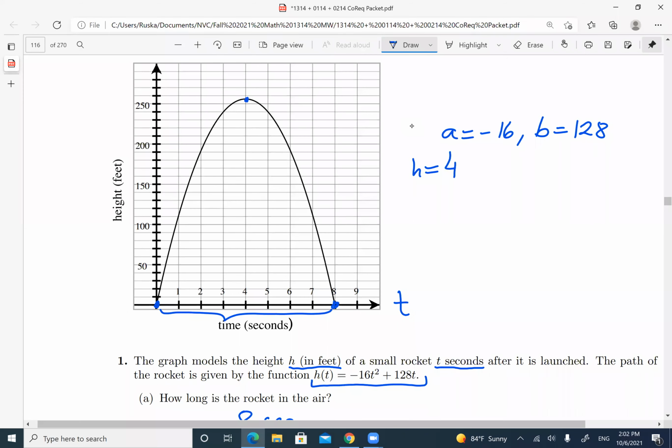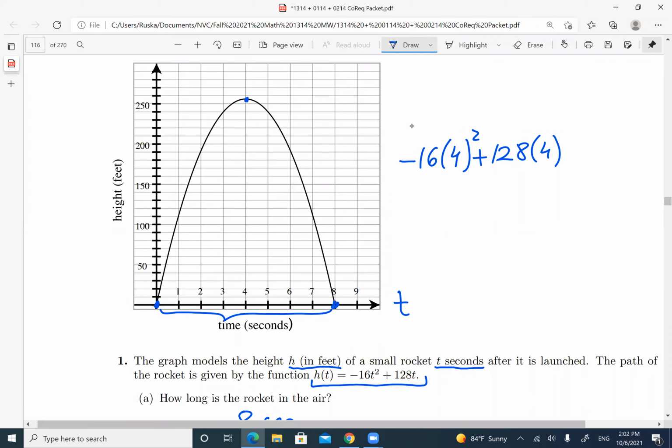And then when I replace, actually, I don't need to use a and b. It's obviously from the graph, it's 4. So h is 4. And when I plug 4 into the function, it's going to be -16 times 4 squared plus 128 times 4.